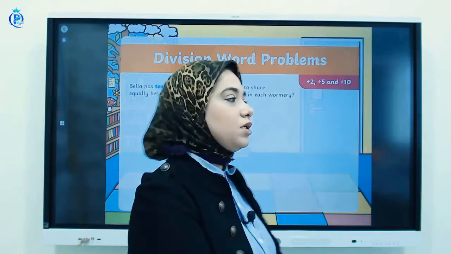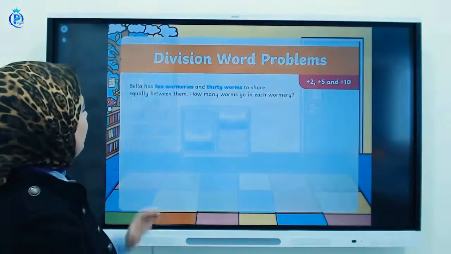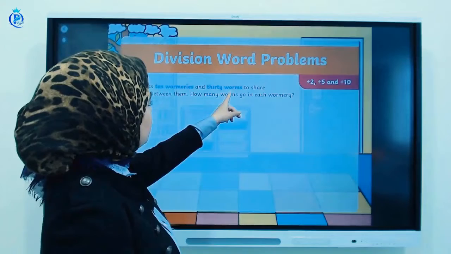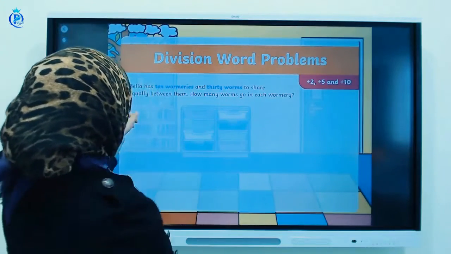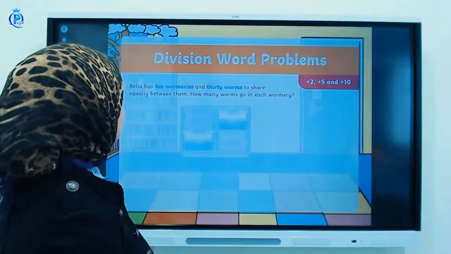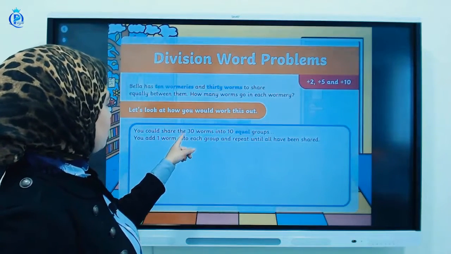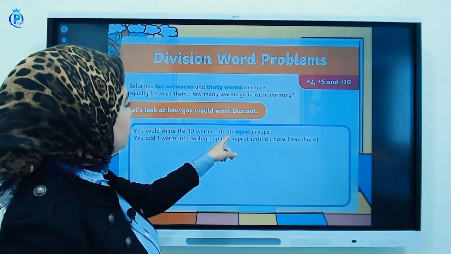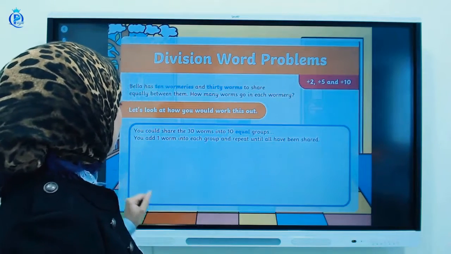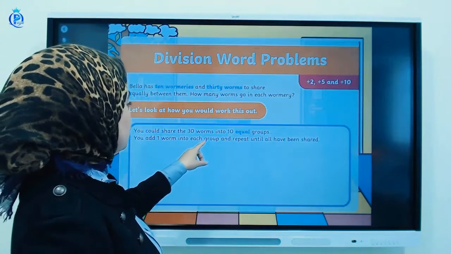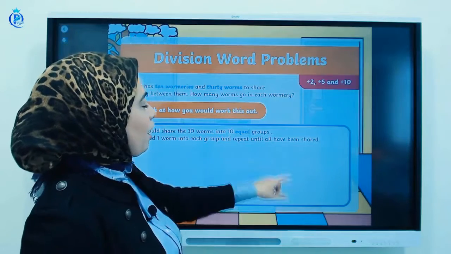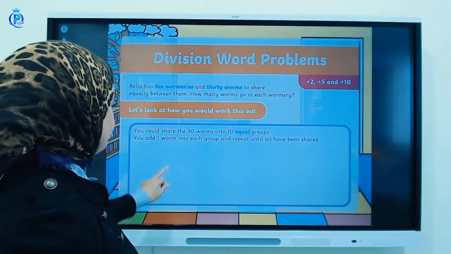Let's think about it. You could share the 30 worms into 10 equal groups. You add one worm into each group and repeat until all have been shared.